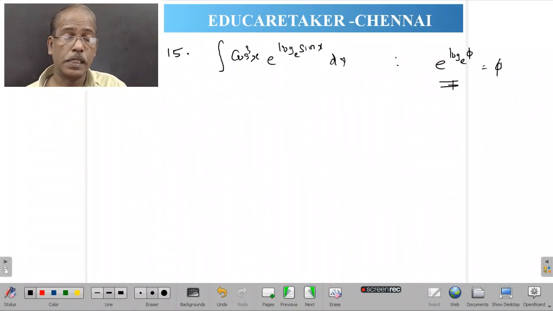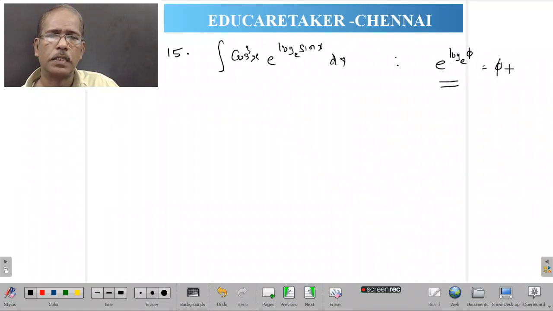Because exponential and logarithmic functions are inverse to each other, the composition of functions which are invertible or inverse to each other is always an identity function. So object and image will be equal. This is the object, this is the image. Both should coincide because of the identity nature.